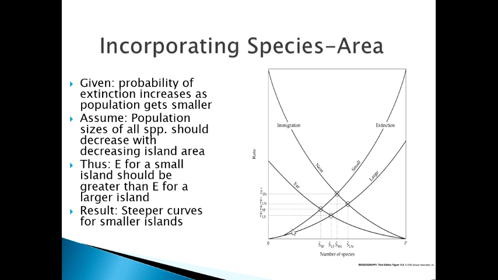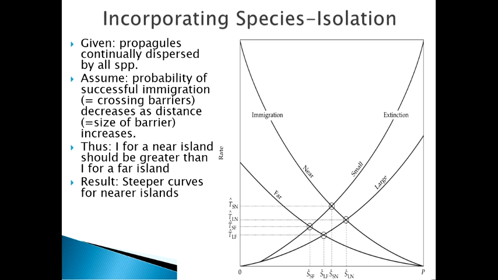And so the slope of this line is different. A large island will have a lower slope. A small island will have a steeper, a higher extinction rate. The ultimate result of this is, again, steeper curves for these smaller islands. They also incorporated species isolation, and that's over here as far as immigration is concerned.